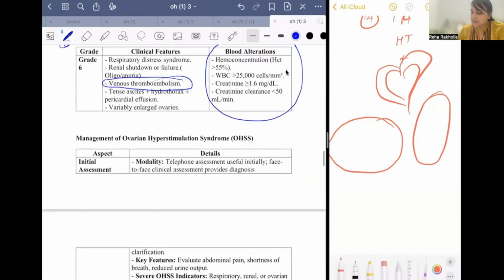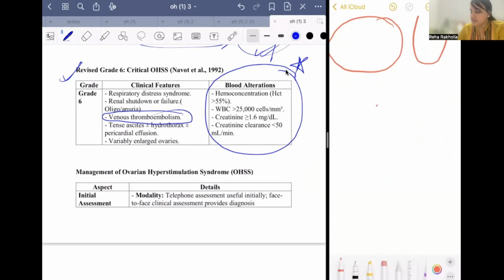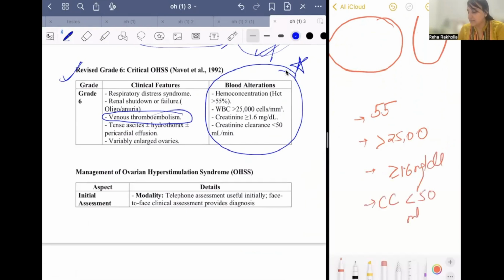Okay. All this will happen in the Golan critical case, means hemoconcentration more than 55, WBCs more than 25,000, and creatinine more than or equal to 1.6 milligram per deciliter, and creatinine clearance less than 50 ml per minute.